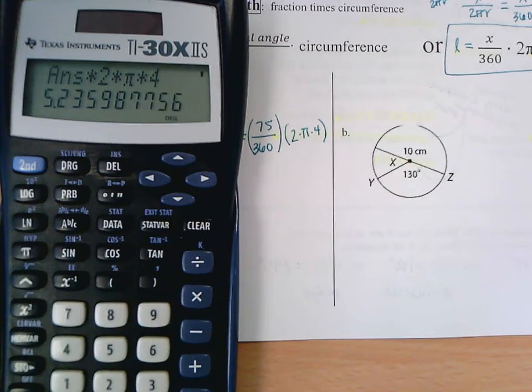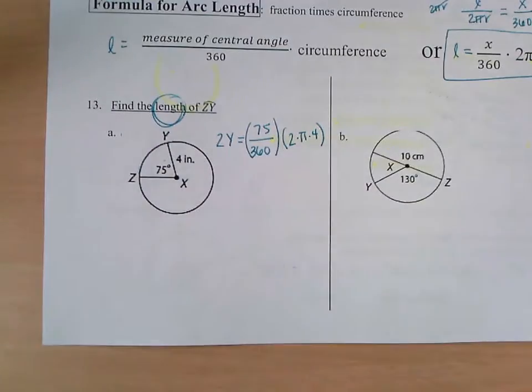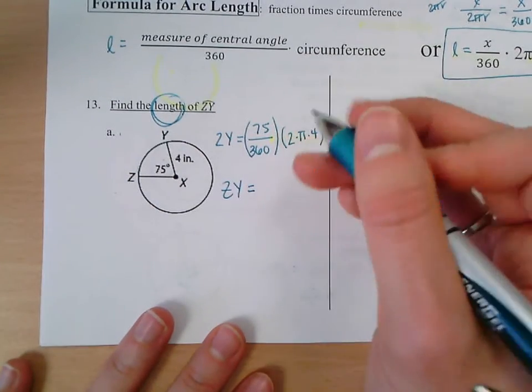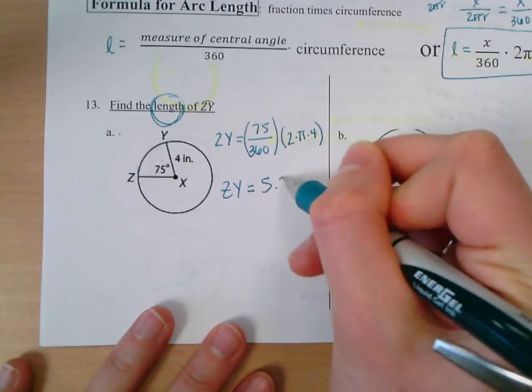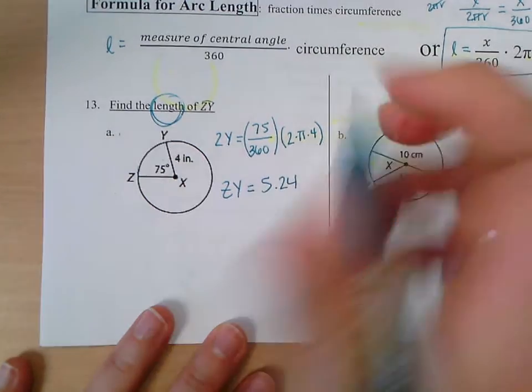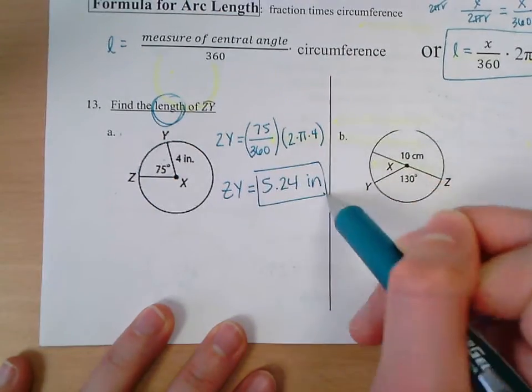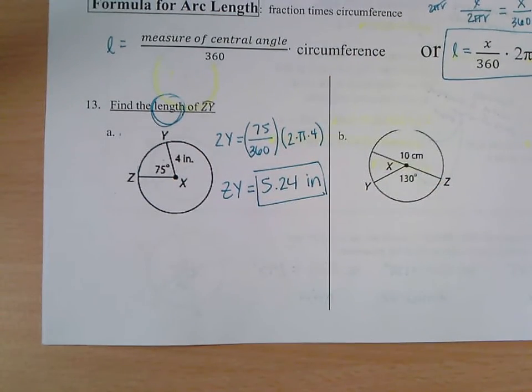So the length of ZY is approximately 5.24 inches, since my radius was given in inches. That is the length of the arc. The measure would be in degrees. Questions there?